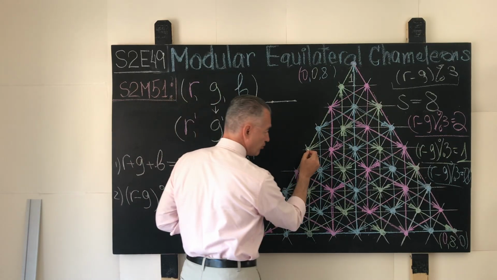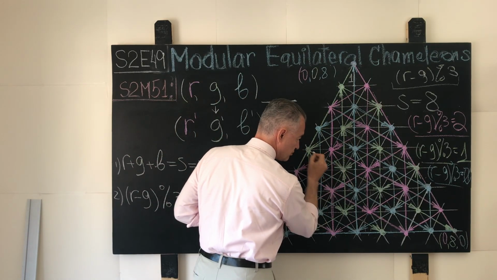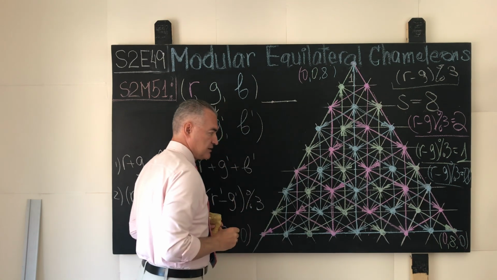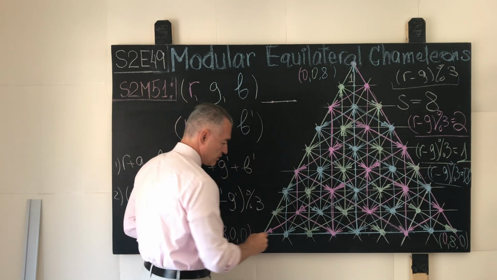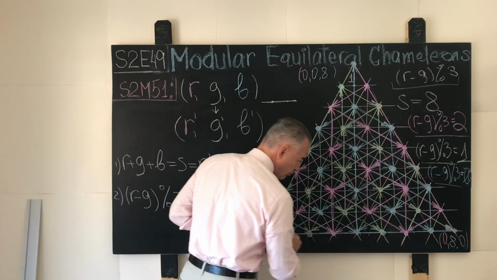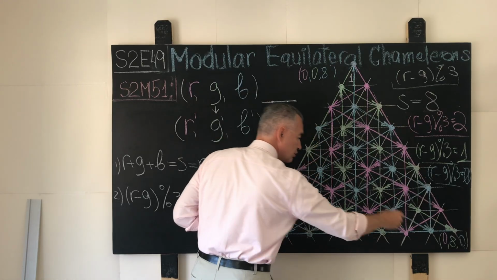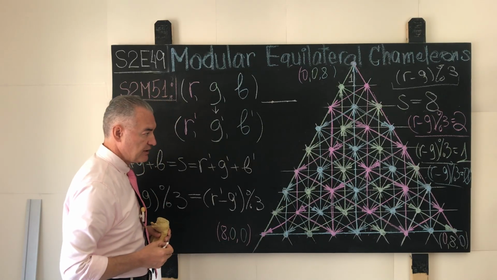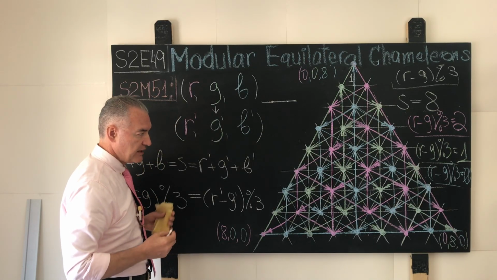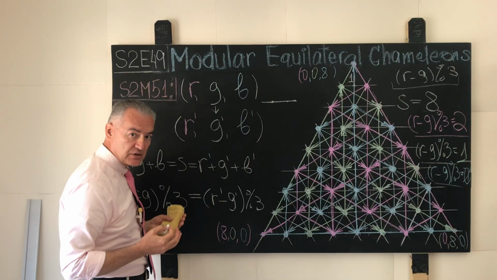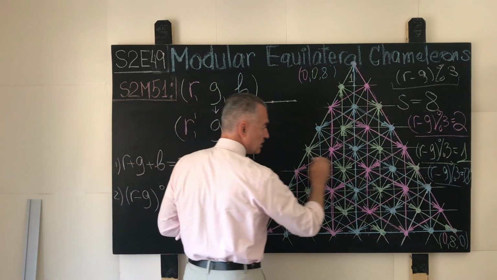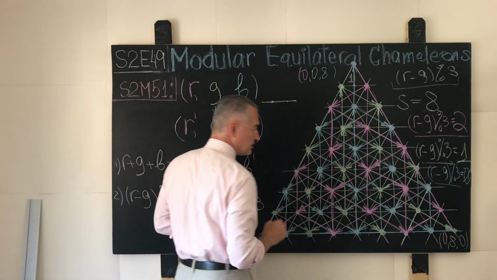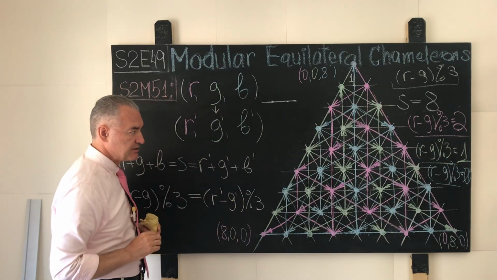Our point can move perpendicularly to the green colored side, and our point can move perpendicularly to the blue colored side. Geometrically, that's independent motions in 3 seemingly independent directions.